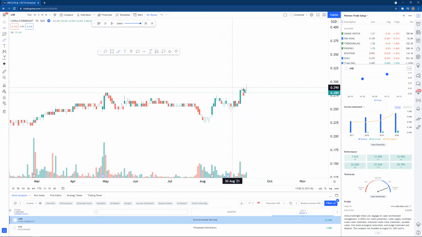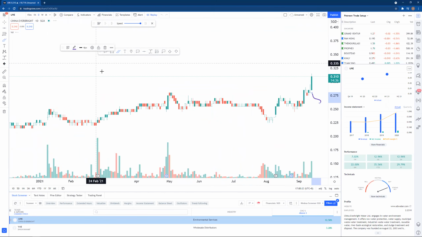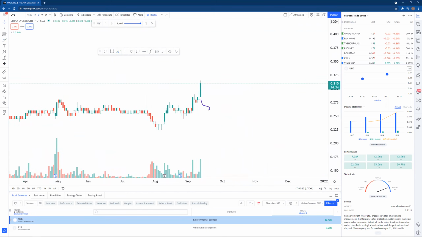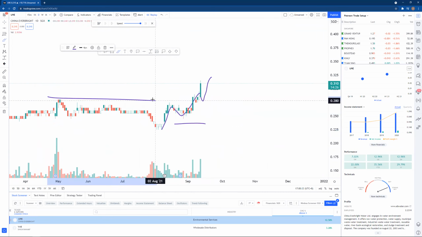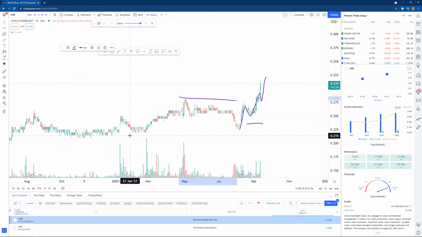Then you have this candle showing up here, sort of hinting that we might go down. But when this candle shows up, it is a very clear-cut signal. And we have a higher low that was established here. So a lot of things are pointing in the direction of bullishness.